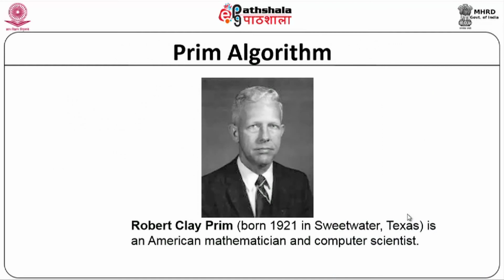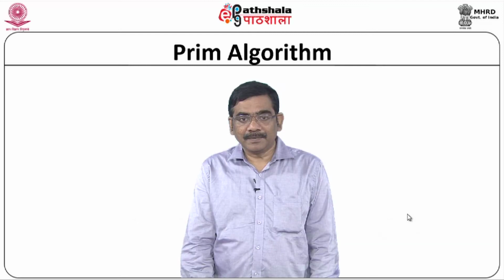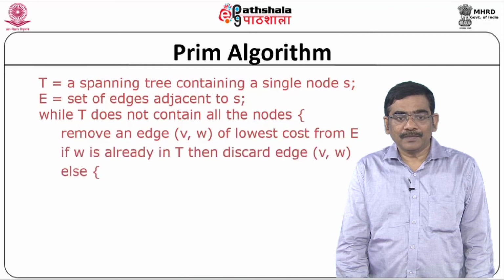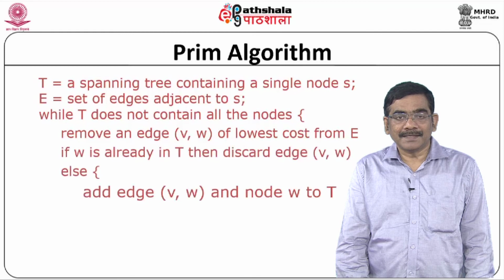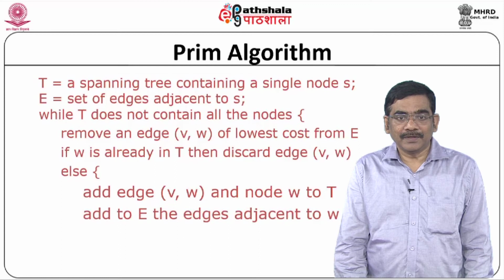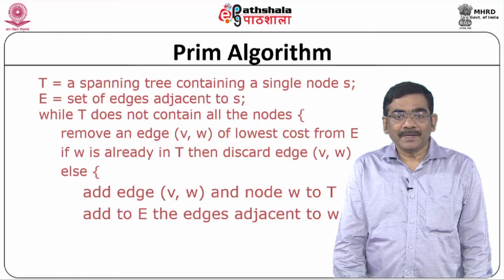This was designed by Robert Clay Prim, again an American mathematician and computer scientist. This is the informal algorithm. You can see that it is exactly similar to the earlier Kruskal algorithm. Initially T is going to have a single node. That means we have to start somewhere.